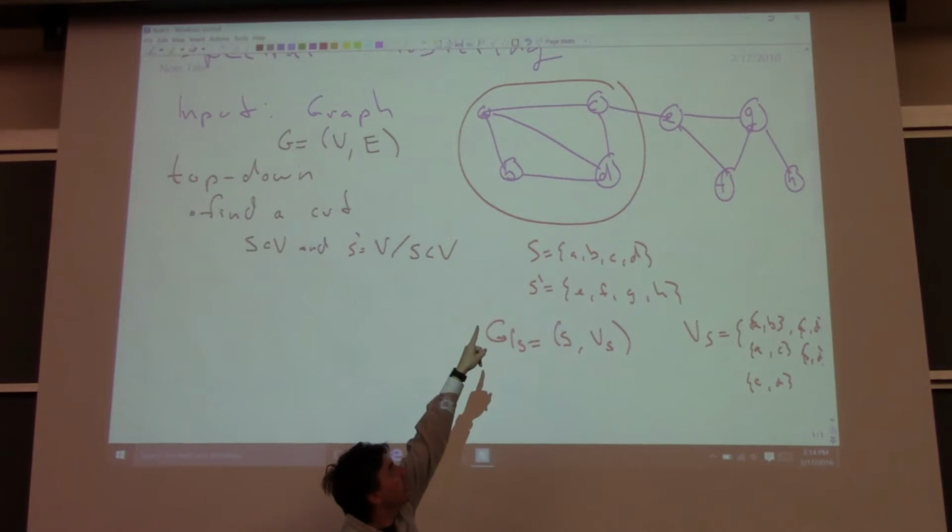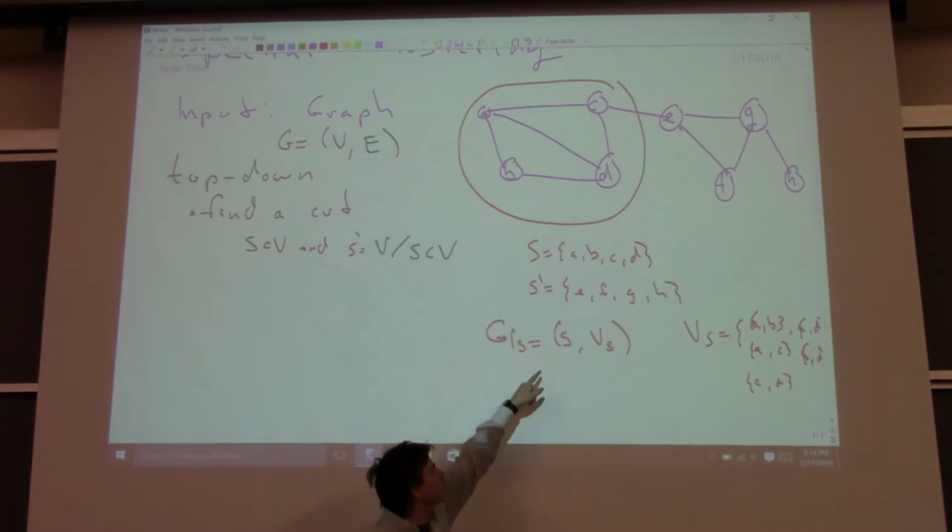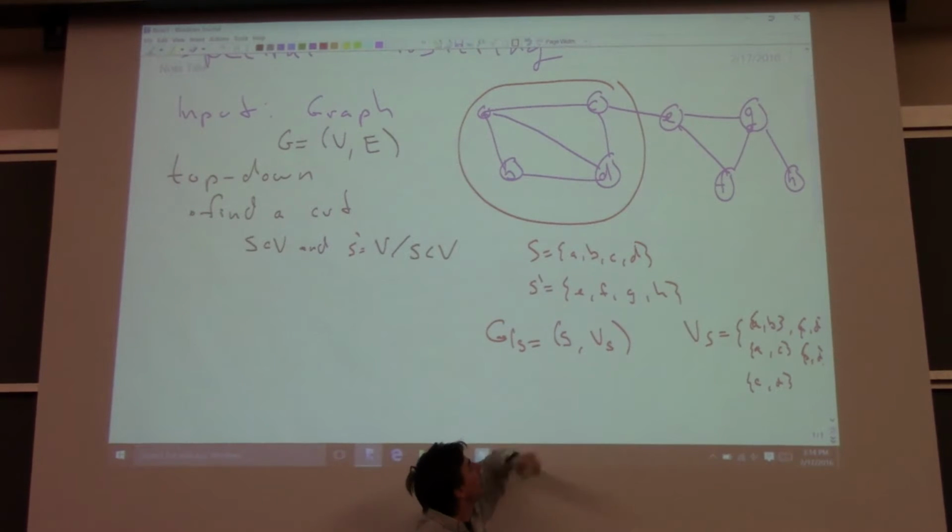It does not include the edge CE. CE has one endpoint in the subgraph and the other one is not, so I don't need to look at it. Sorry, that notation should be E_S.